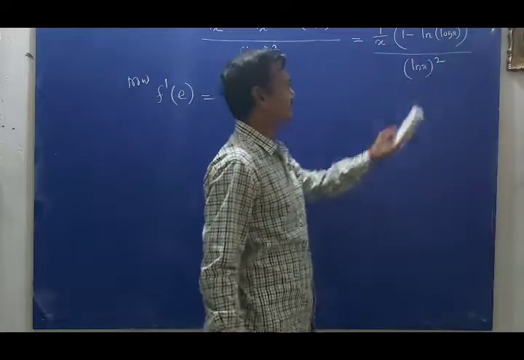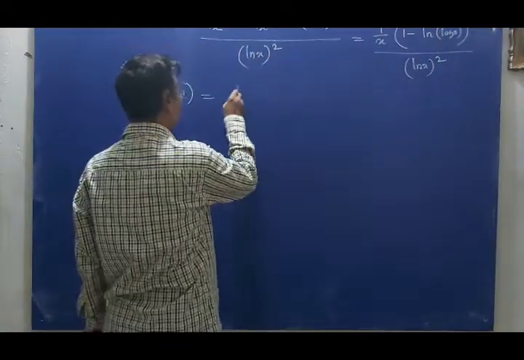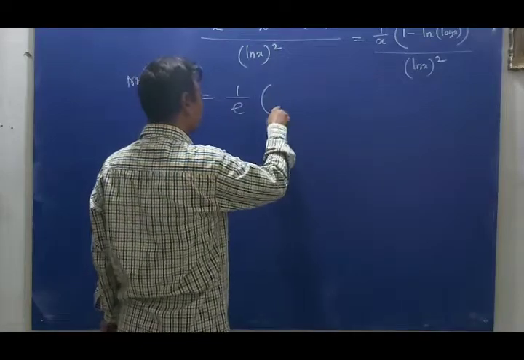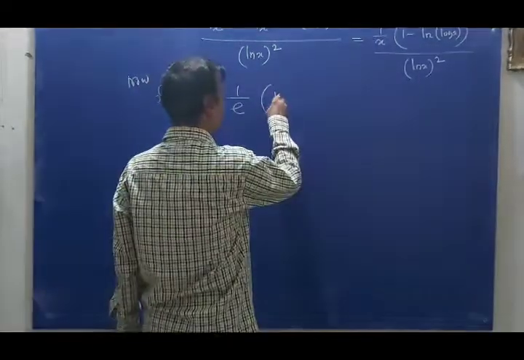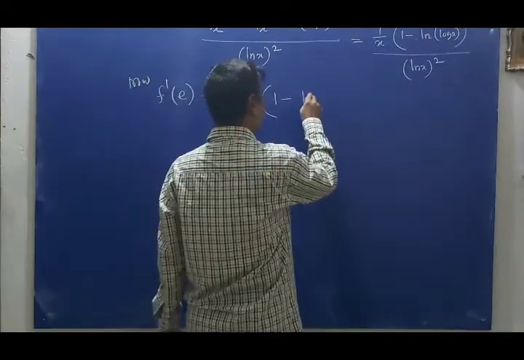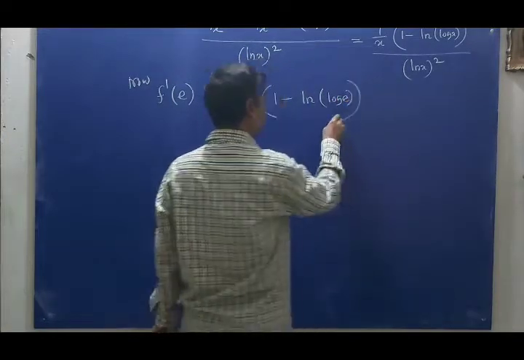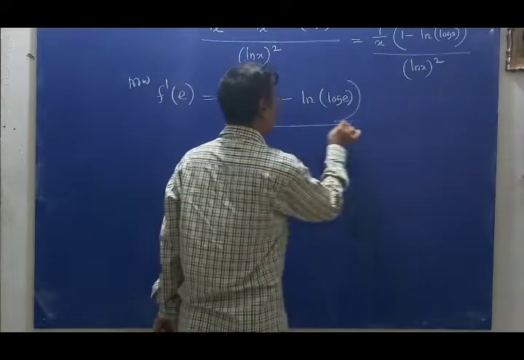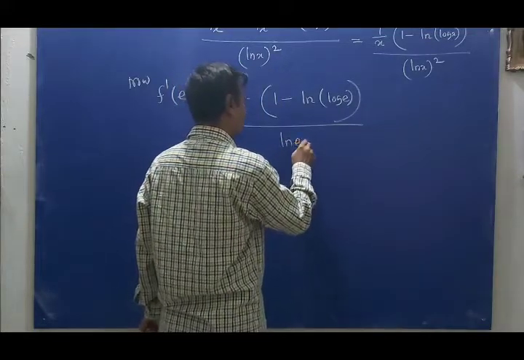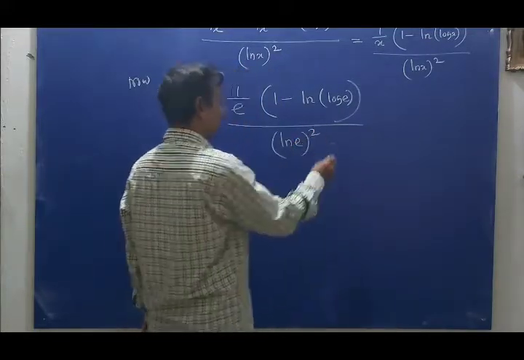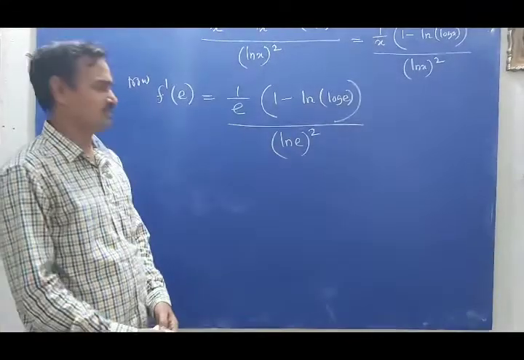The formula is 1 by e whole into 1 minus ln of log of e by ln of e whole square.